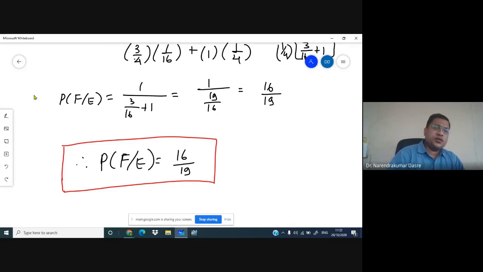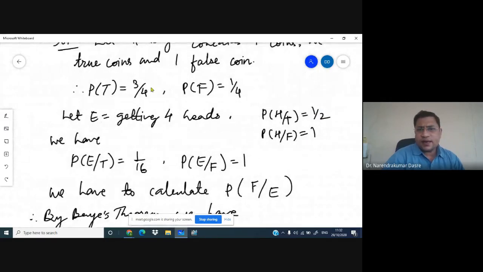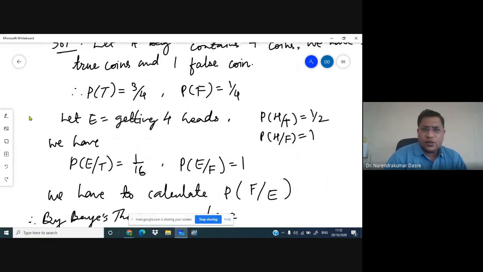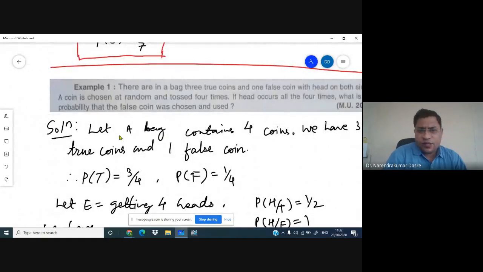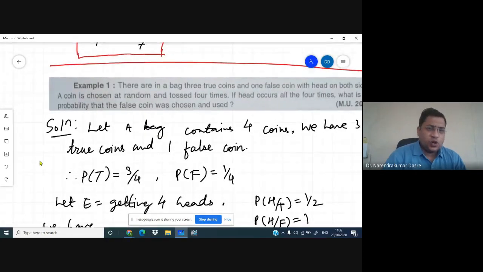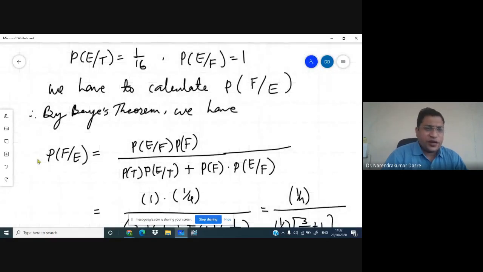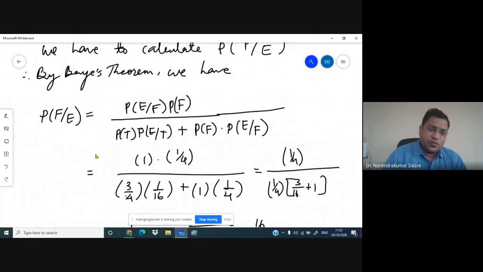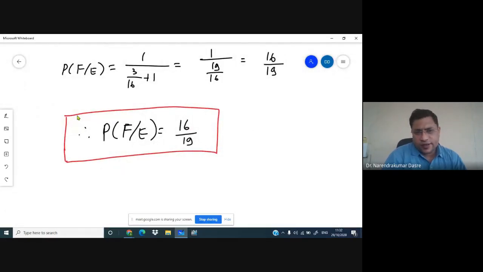So this is how we are able to use Bayes theorem. The only thing is that we have to write things in proper mathematical notation and extract the given information properly. Once you are able to extract the given information properly, you are able to use the proper formula and get the correct answer.